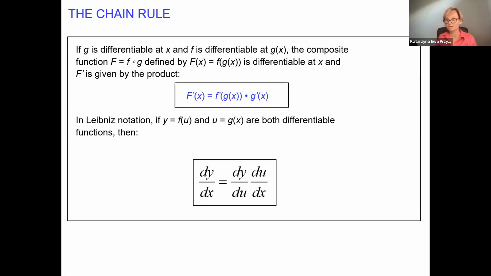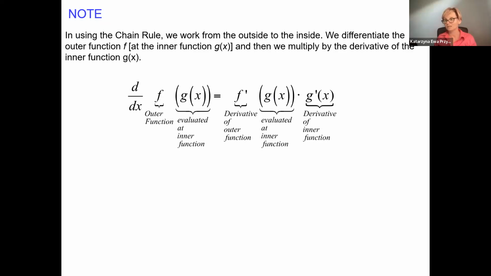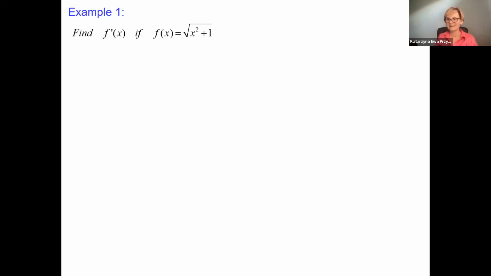Whichever is the easier form. It's the same thing, outer, inner. For instance, let's start with this.